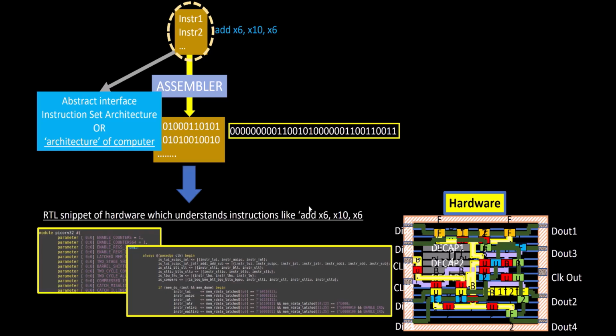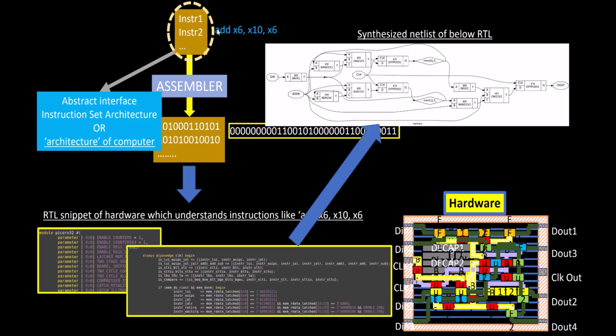Now we need an RTL description language which implements this particular add specification, and that's called the RTL implementation of your instruction set. Then this RTL gets synthesized into your netlist. So if this is the high-level description of your specifications, this is the synthesized version of this RTL, in the form of gates: AND gate, OR gate, inverter, flip-flops, and so on.